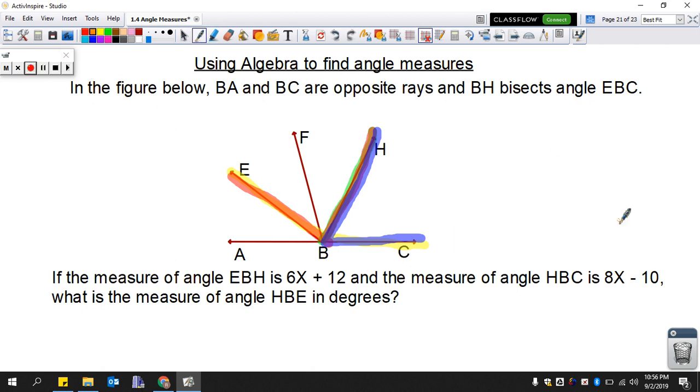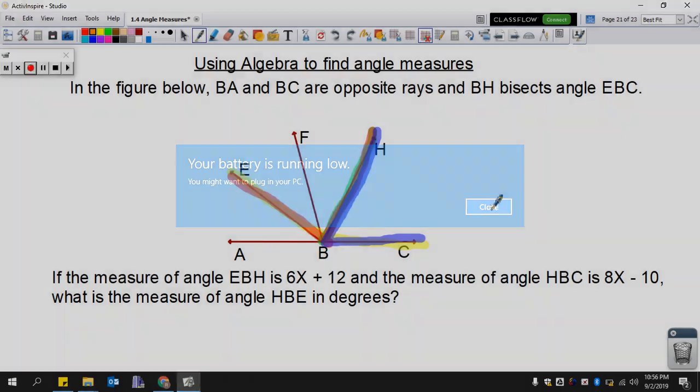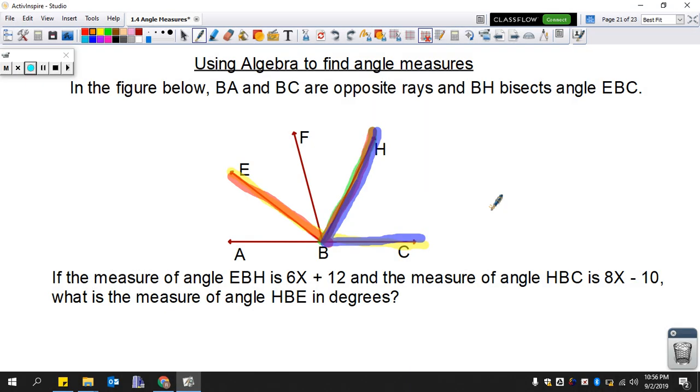So all we have to do here is solve for x, and then substitute it in to find the measure. So we're going to say 8x minus 10 is equal to 6x plus 12.